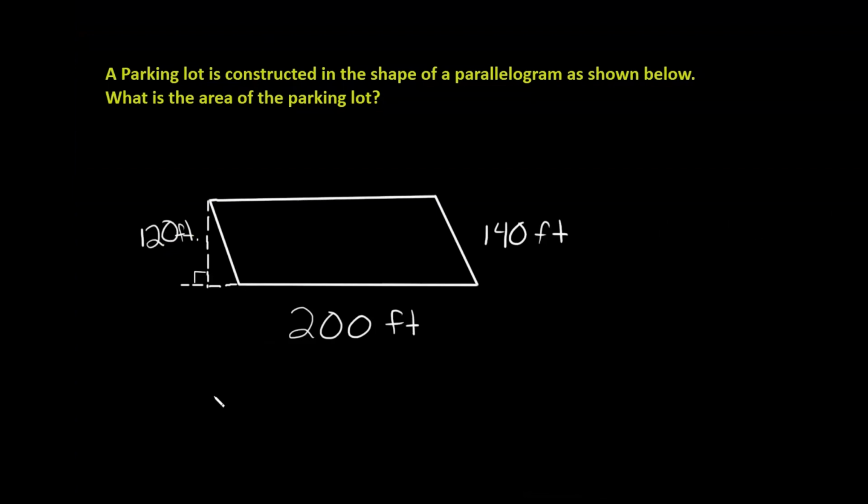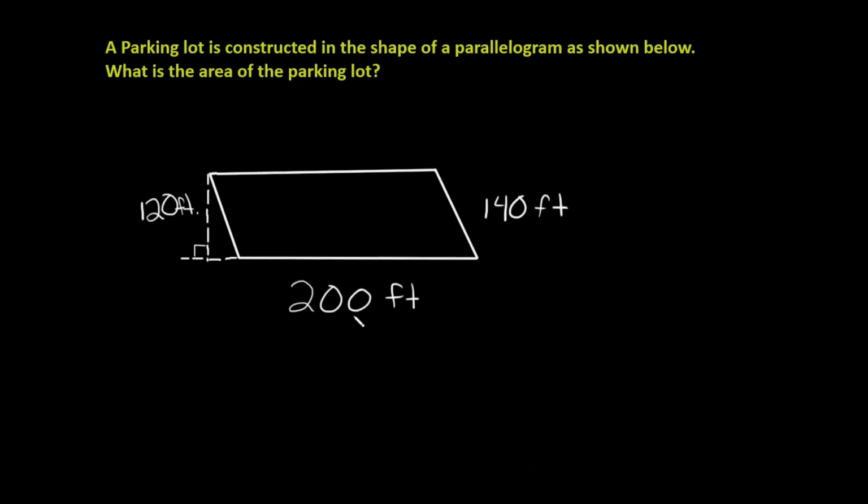So to find the area, we are going to take 120 times 200. And we could do that multiplication, but we can just realize that 120 times 200 is the same thing as 120 times 2 with 2 zeros added on. So 120 times 2 is 240, then 2 more zeros, right? So our answer here is 24,000 square feet.